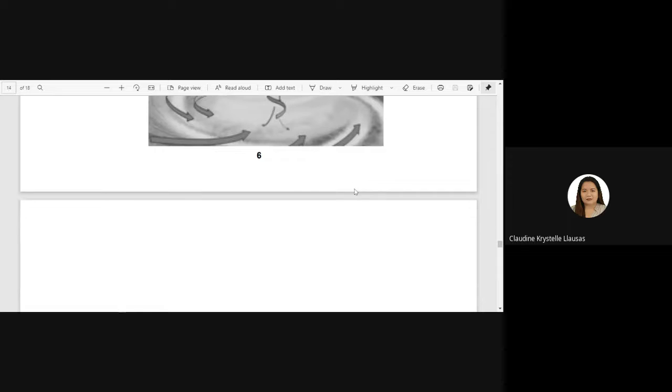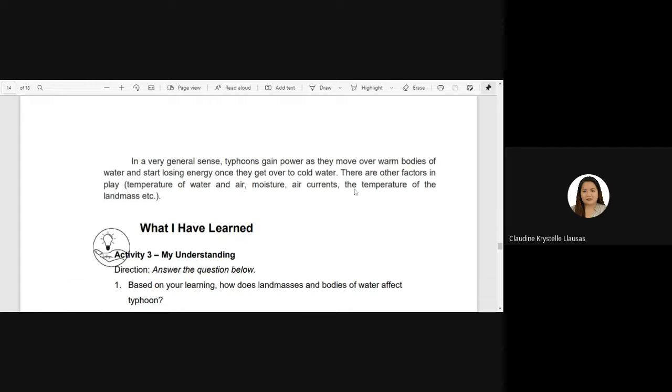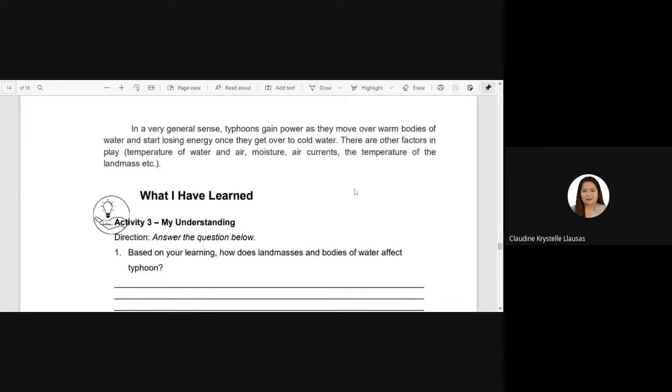Here are different illustrations that will help you understand how a typhoon is produced. Unsa pod iyang movement. In a very general sense, typhoons gain power as they move over warm bodies of water and start losing energy once they get over to cold water. There are other factors in play.